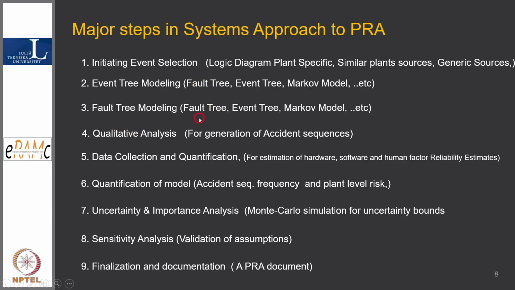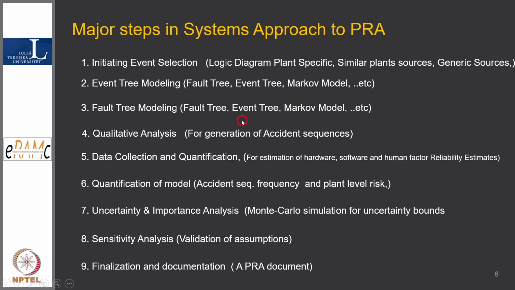And fault tree mostly is used for system modeling. Fault tree modeling means now I know my plant, and now I am trying to model the plant using the available data that might include manuals and information. Then I make a site visit, then you see the drawings, and then I create the fault tree.